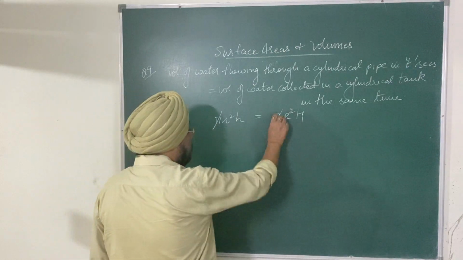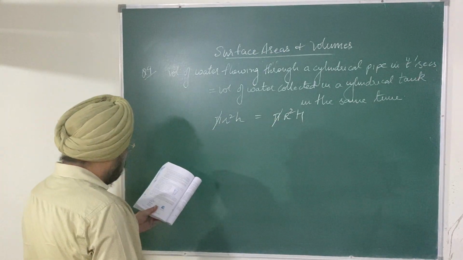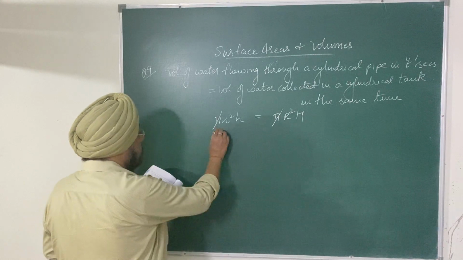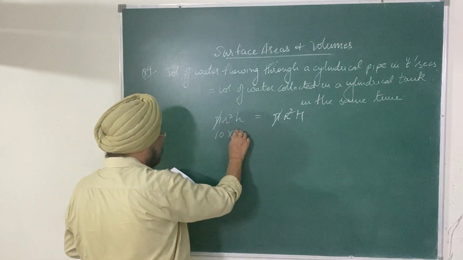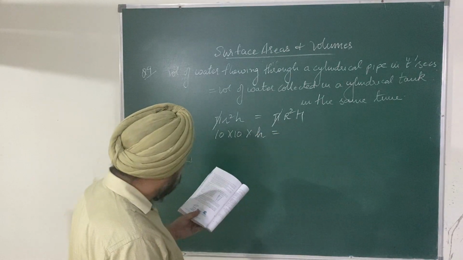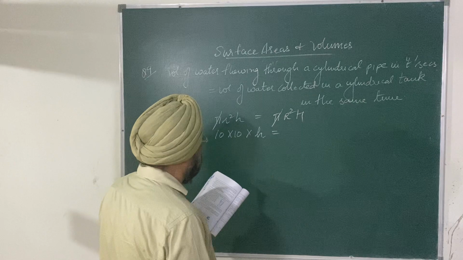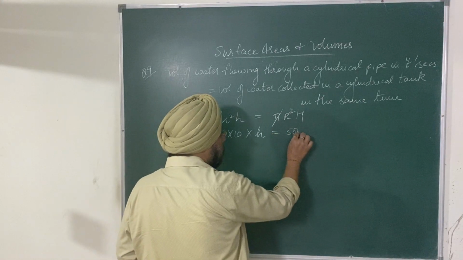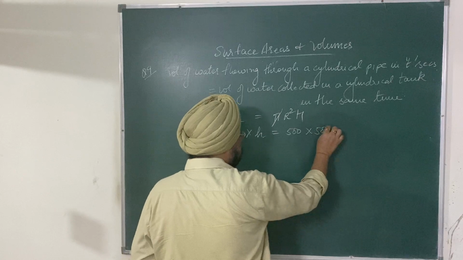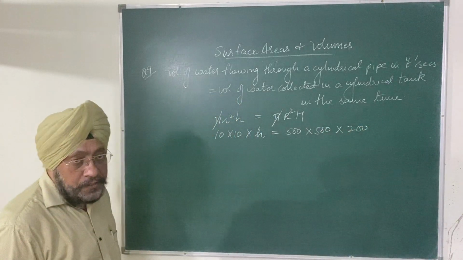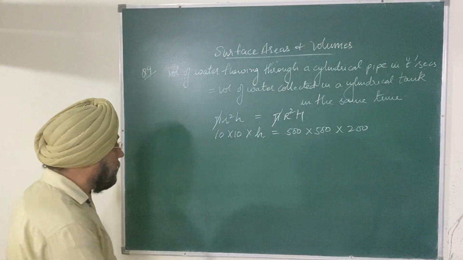So again cancel with pi. Then substitute the value of the radius of the cylindrical pipe, which is equal to 10 centimeter. Height we have to find out. On that side, the radius of the cylindrical tank is given as 5 meters, so we have to convert into centimeters, and the height of the tank is given as 2 meters, so it must be equal to 200 centimeters.